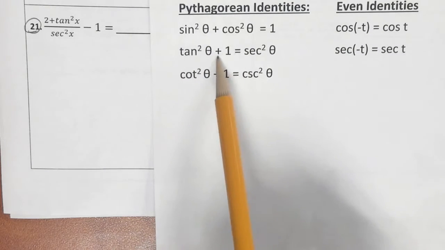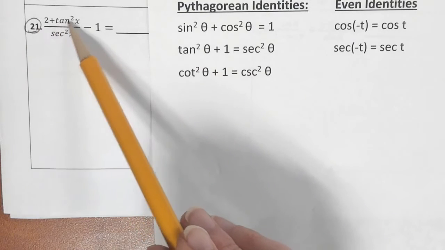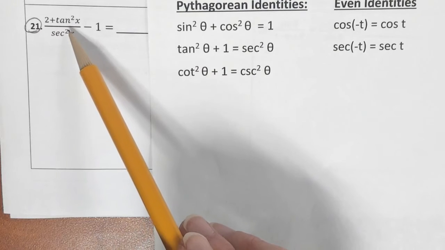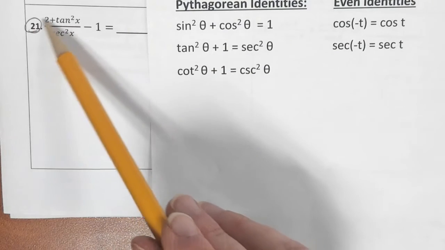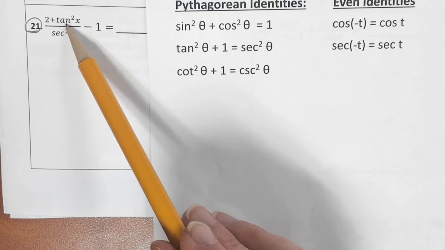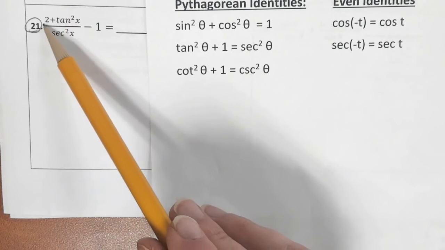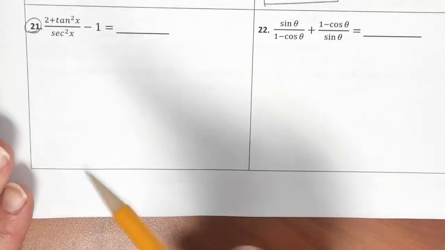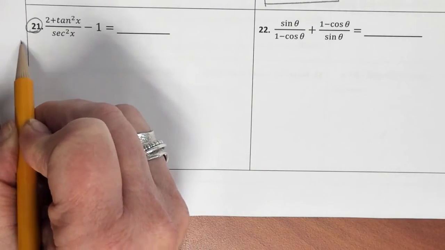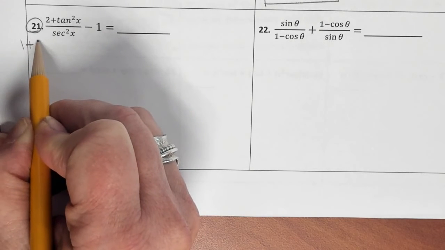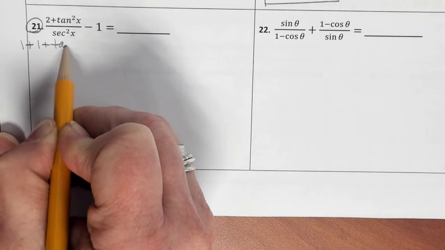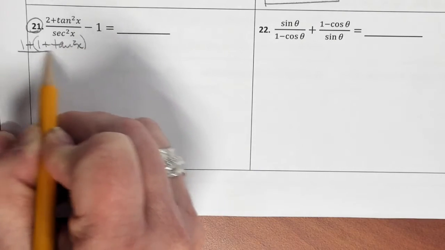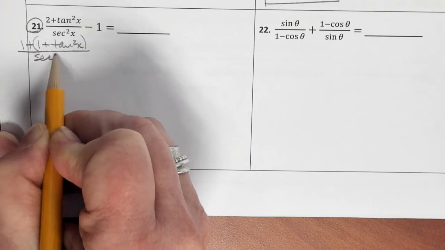All right, but I've got 2 plus tangent squared over secant squared. So if I wanted to, I could break that down, right? I could break down that 2. Let me show you. So we could say this was 1 plus tangent squared, these are x's, over the secant squared.